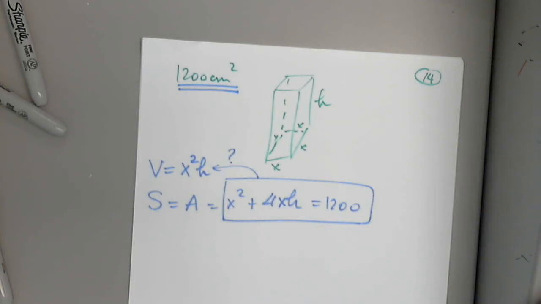If it was not a square, 2 would have the same area and the other 2 would have the same area. But in our problem, all of them have the same area. This one has an open top, so if it had a closed top, I would have added another x squared, and it would have been 2x squared. Correct.